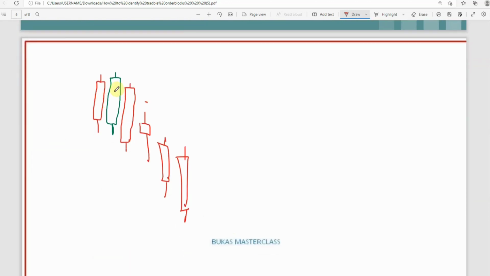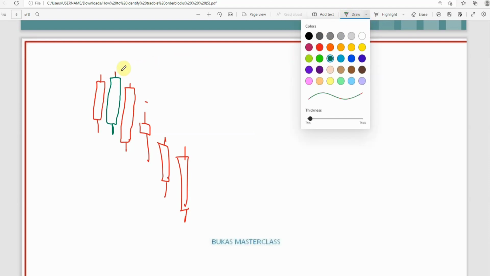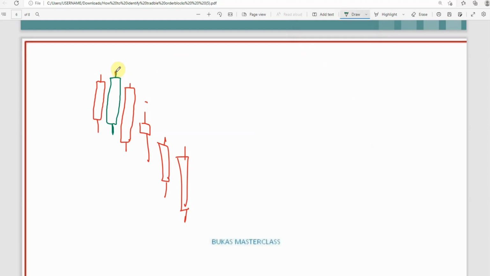Now let's go to our drawing board. To determine a clear OB, for this OB here to be a tradable OB, you don't just say that a tradable OB is the last candle before the sell-off candles.